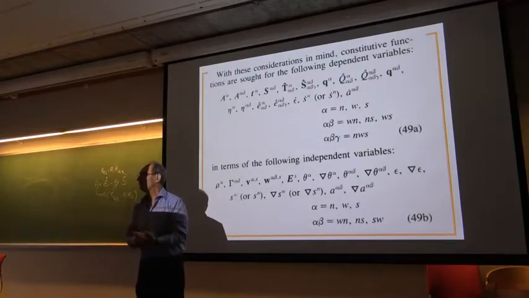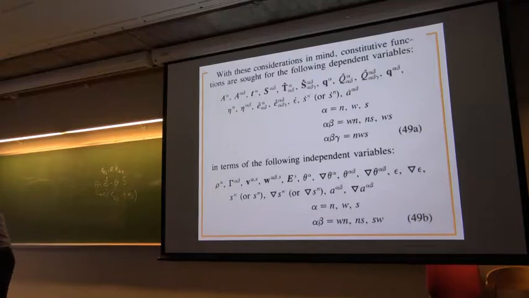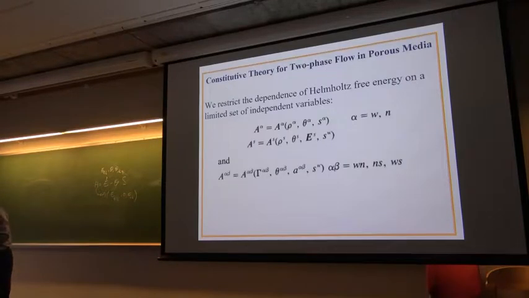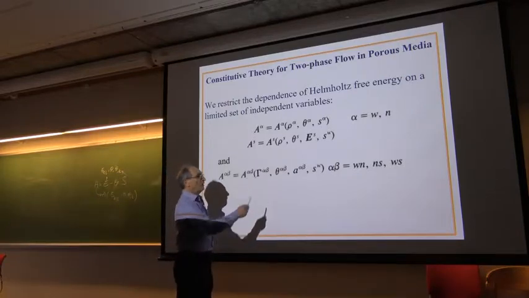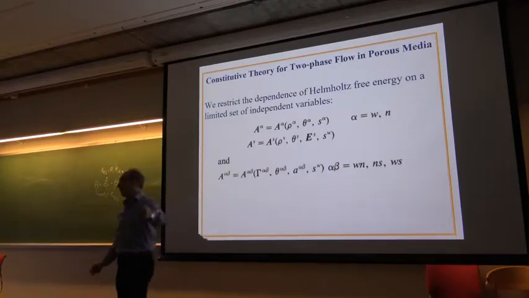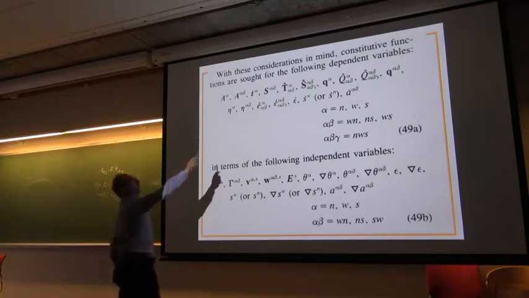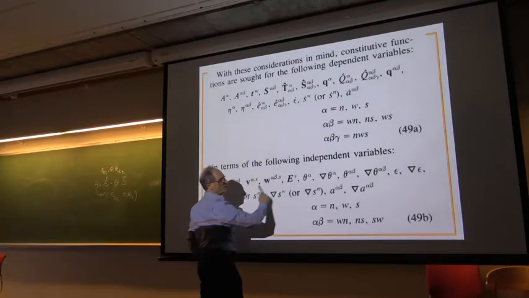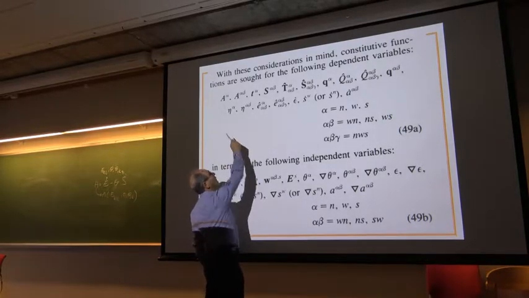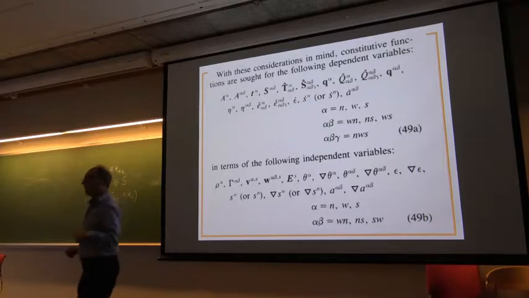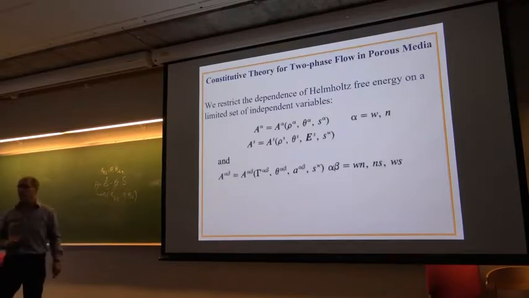It's not allowed by the second law. So at least in order to make it manageable and my own life easier, I have a restricted dependency. All the other functions, the stress tensor, heat vector, everything else here is a function of all of these parameters, but for interfacial energies, I start with a restricted set of dependencies.